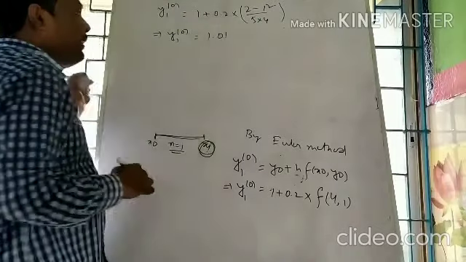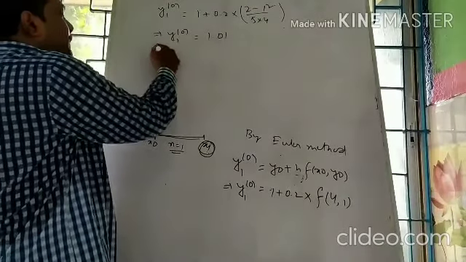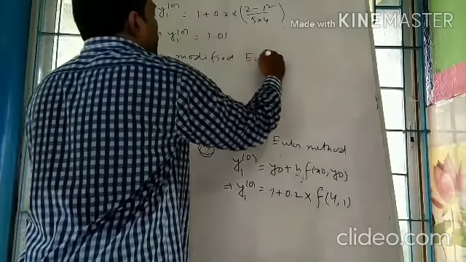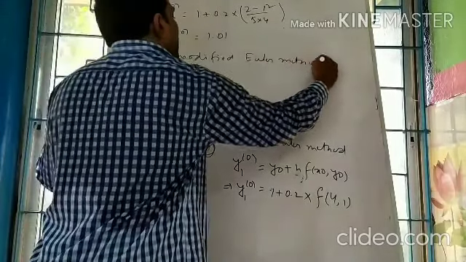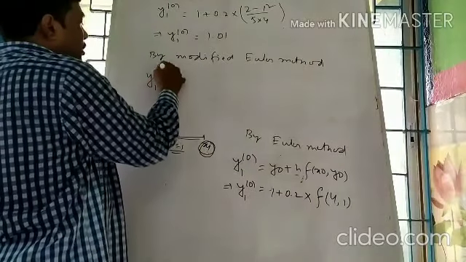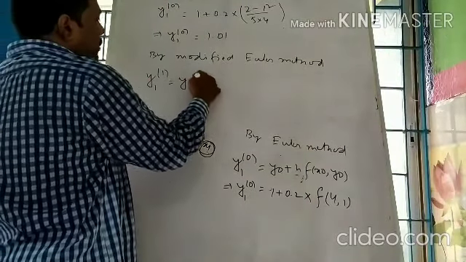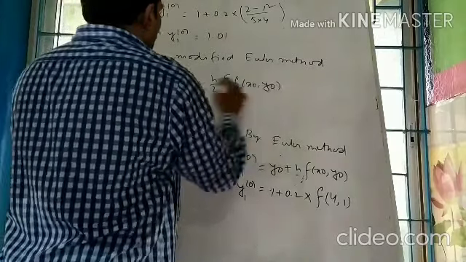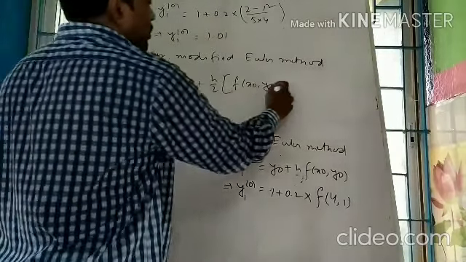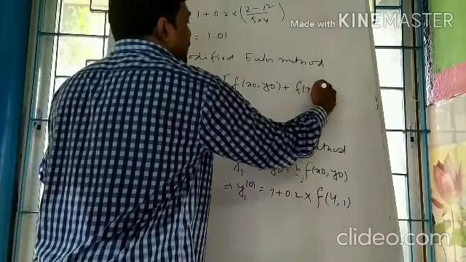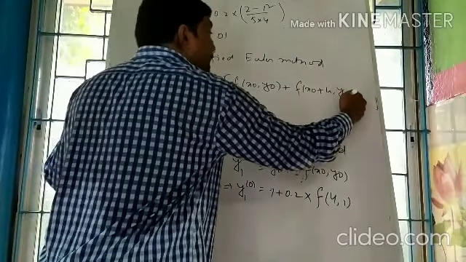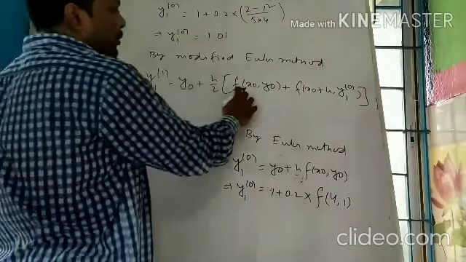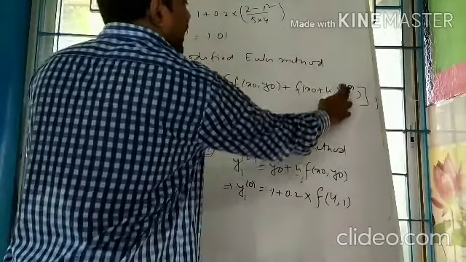Now by modified Euler method, the first approximation of y1 is y11, which is y0 plus h by 2 into f of x0 y0 plus f of x0 plus h, y10.